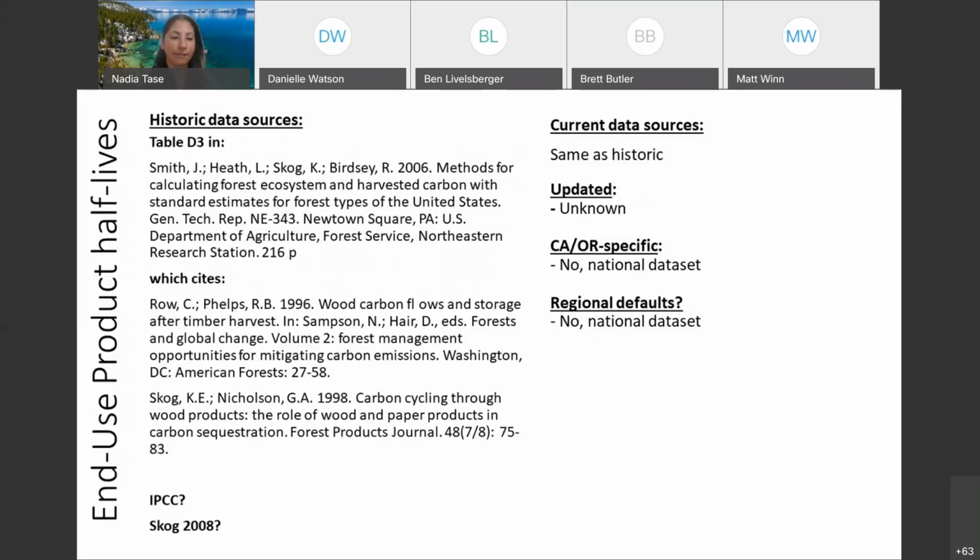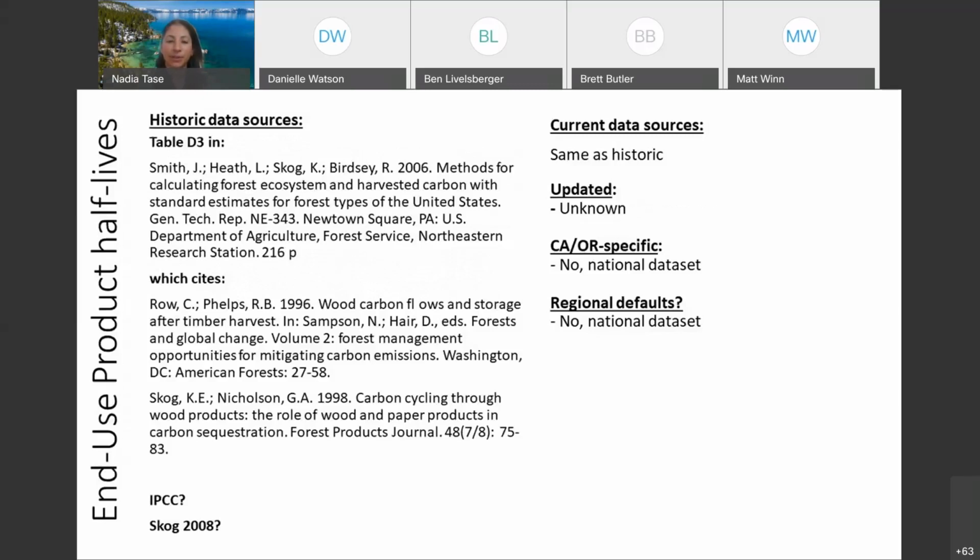End use product half-lives are essentially national data sets at this point, and the ones we're using are coming from Smith et al. 2006, which then cites other papers listed here. But it actually appears in our accounting tool that some of the values are coming from IPCC, and they weren't cited that way.